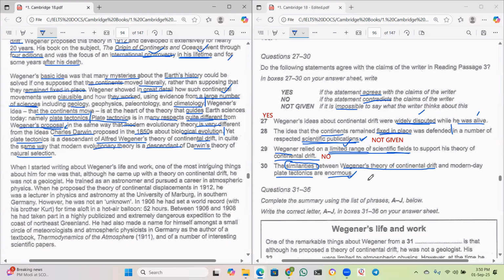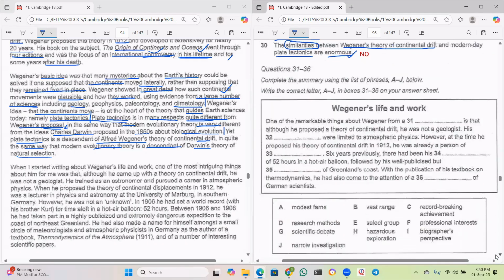No, right? Opposite meaning. Here it is said it is quite different. Here it is said it is similar. Similarities are enormous means it is very similar. That's what we want to say. So again it is opposite meaning. So what is the answer, guys? What should be our answer? It should be no, right? Okay. So, let's move to the next set of questions here.